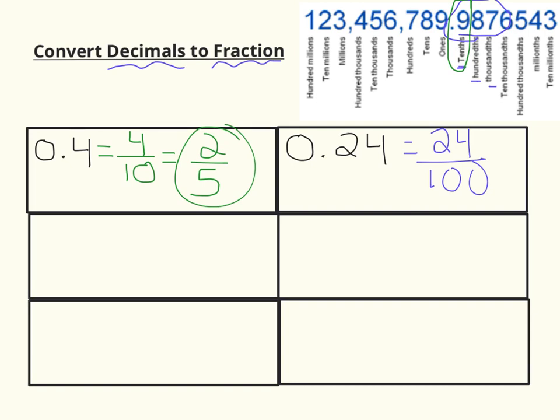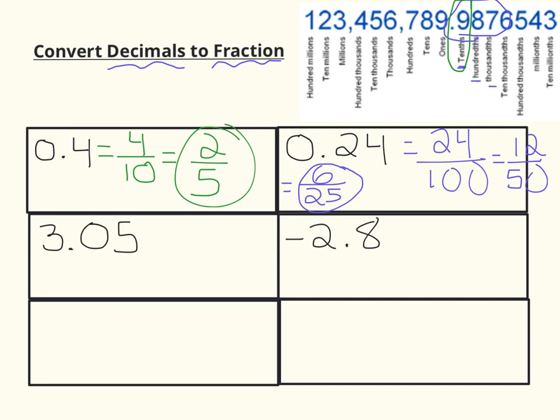It's all even numbers, so let's just cut them both in half. That's going to go down to 12 out of 50. They're still both even. Let's cut them in half again. That would be 6 out of 25. And that is fully simplified. So that decimal 0.24 is the fraction 6 out of 25.